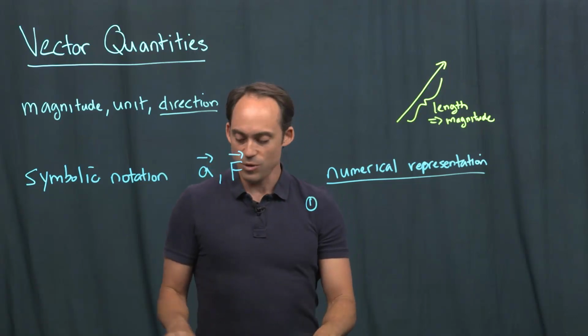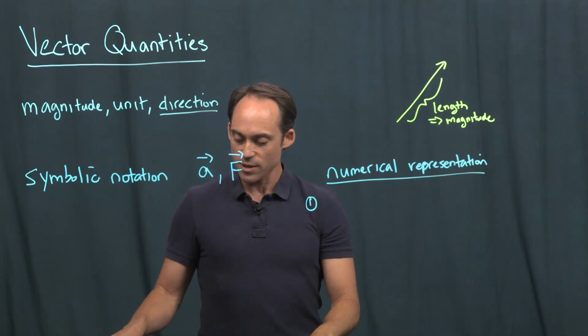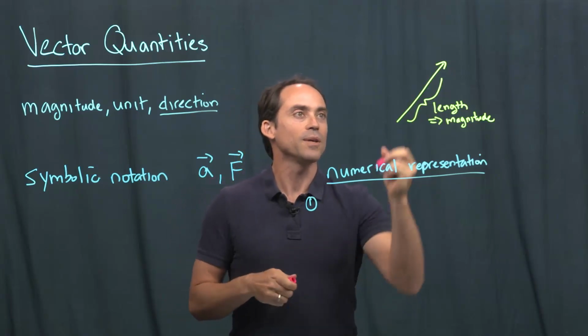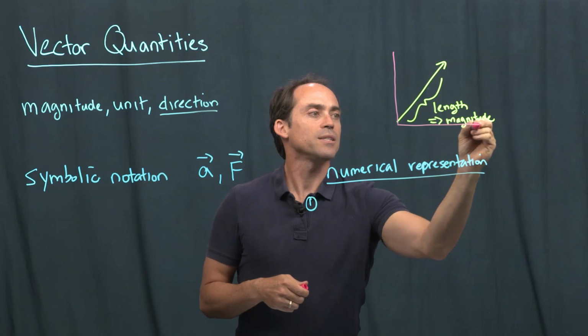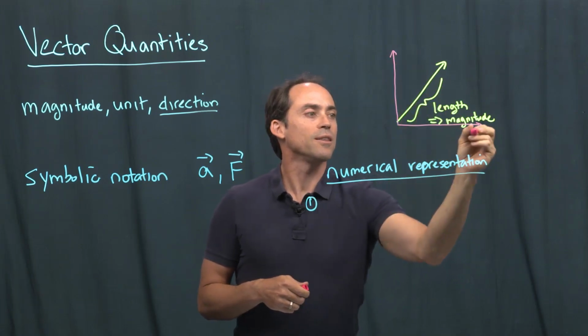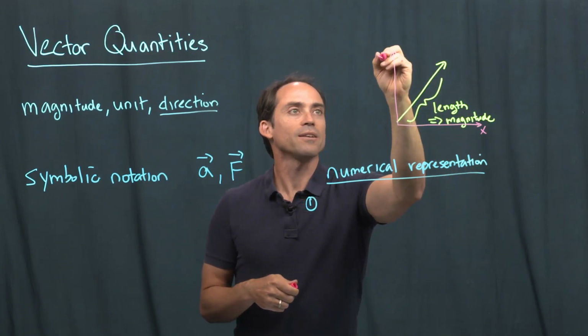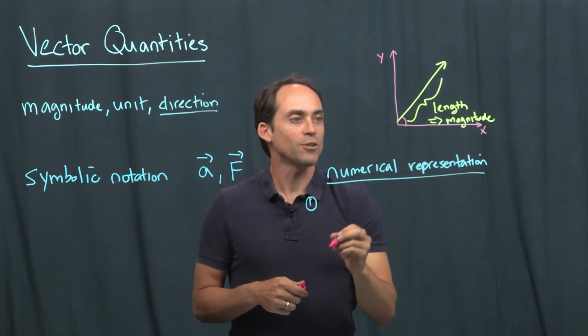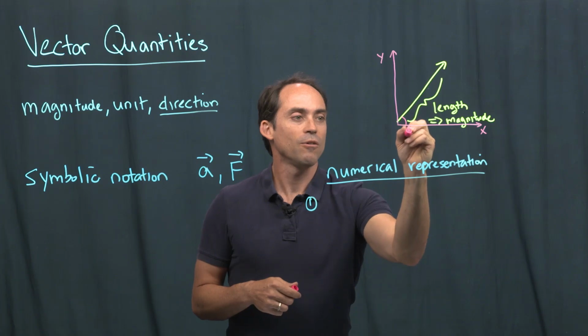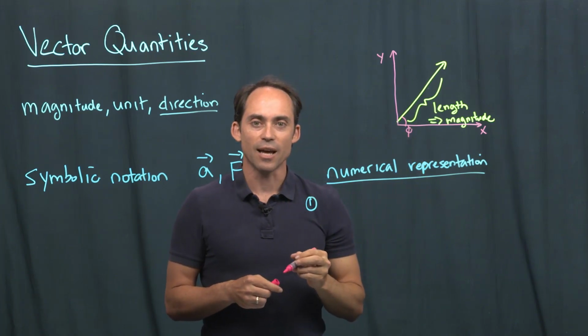So we'll use a coordinate system, which I'm going to draw in pink here. We'll talk about coordinate systems in a future video. But let's say my coordinate system is drawn in this direction. We have an x and y axis, and the vector has some angle phi relative to that x-axis.